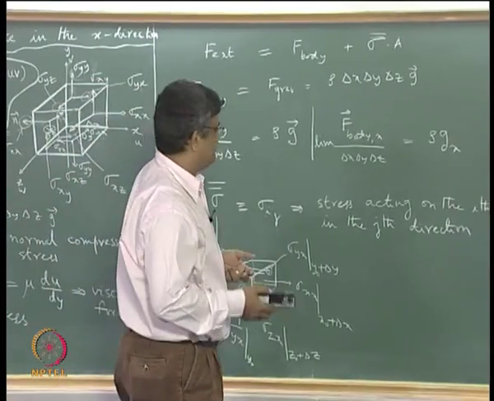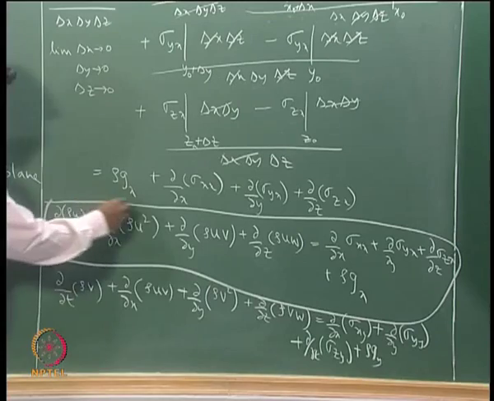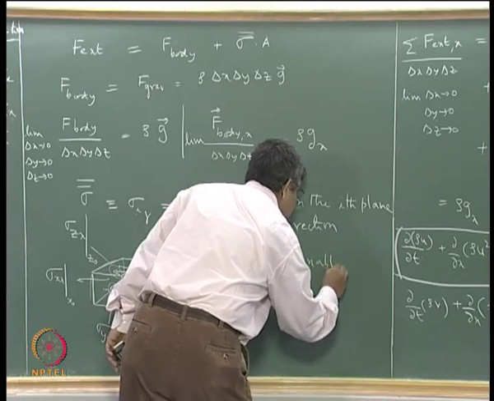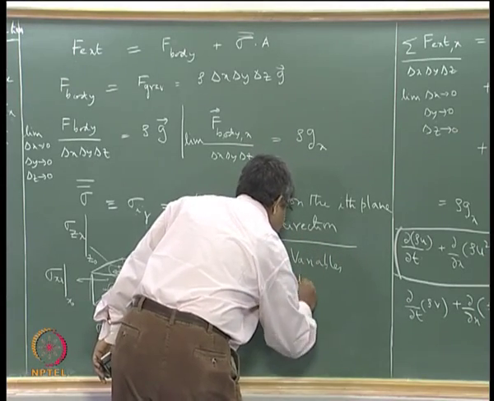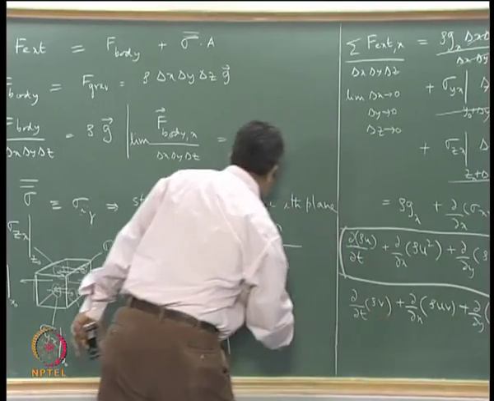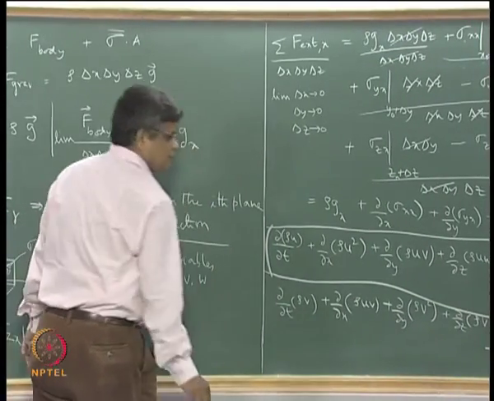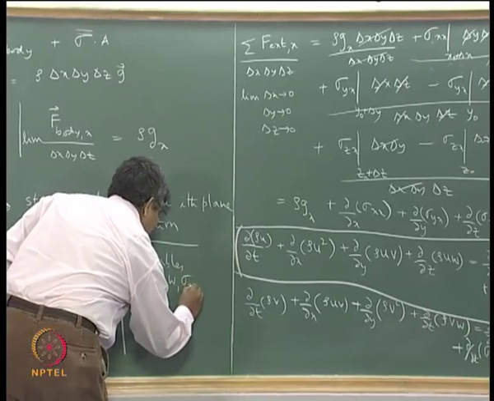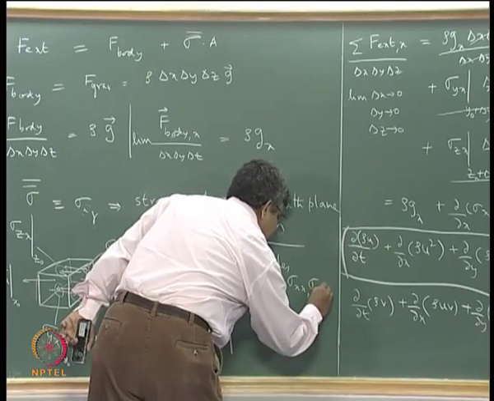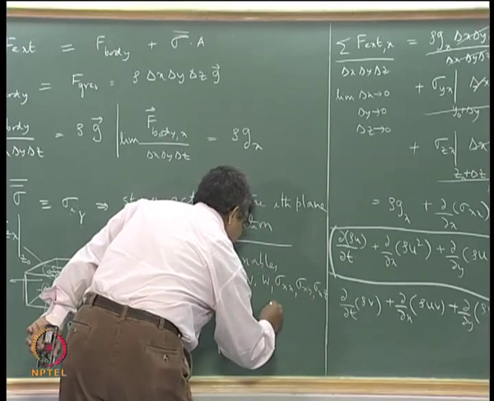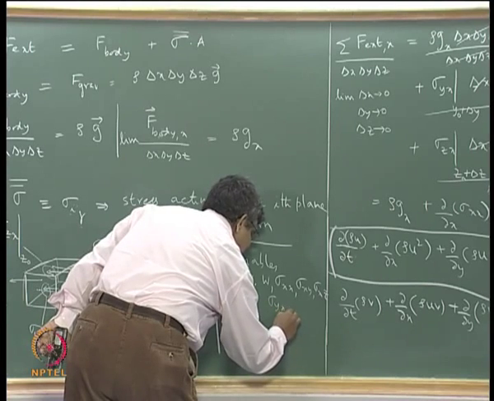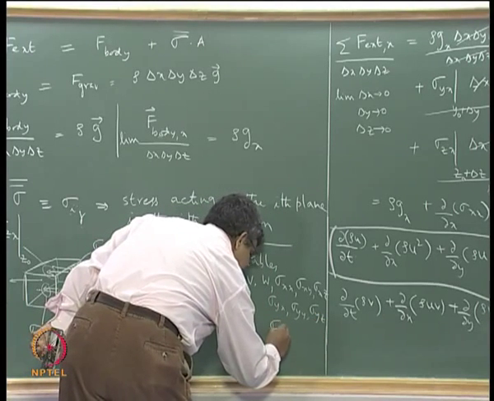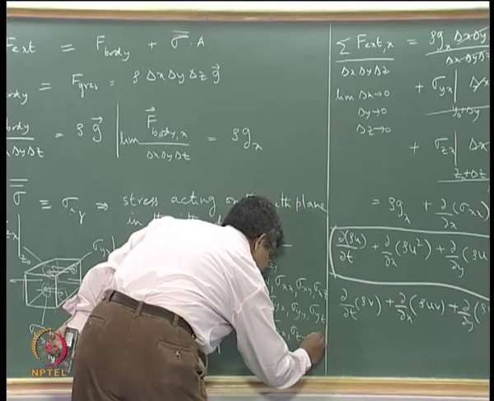Okay, and what are the variables that appear in these equations? Let us just see. u is obviously one variable, v is another variable, w is another variable, and we still have to specify what these stresses are: sigma xx, sigma xy, sigma xz, sigma yx, sigma yy, sigma yz, sigma zx, sigma zy, sigma zz.